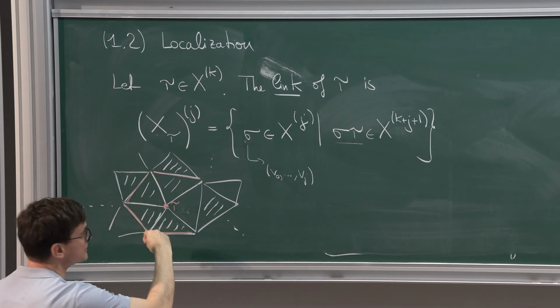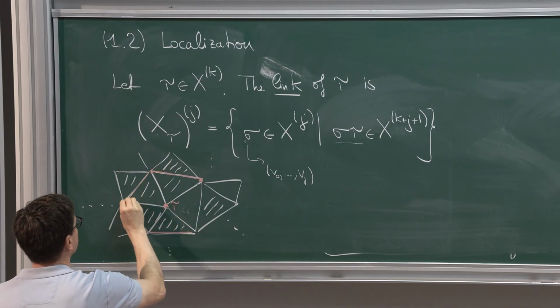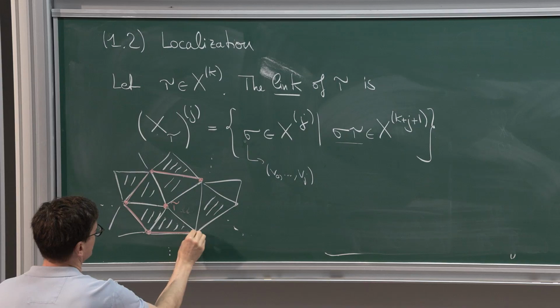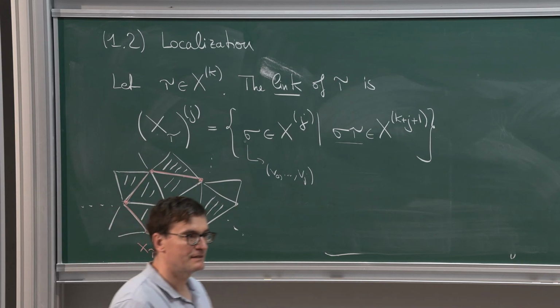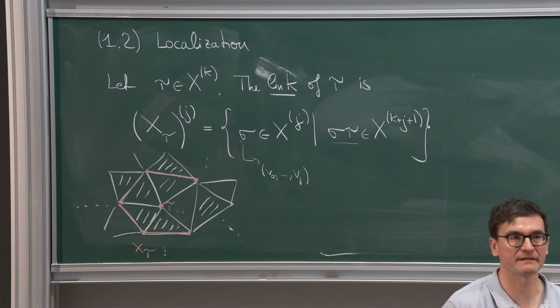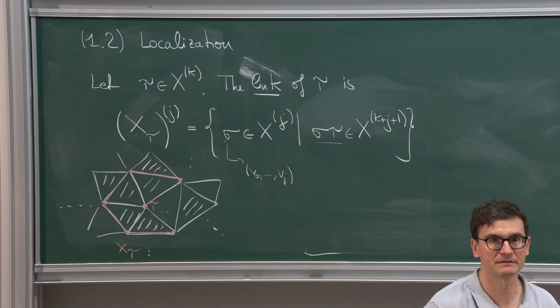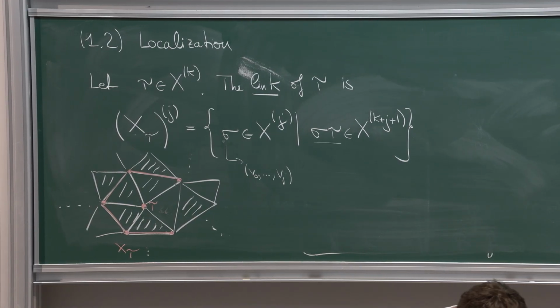Just the 2-simplices that are shaded are there. So it's like you're taking the unit sphere around that point in a simplicial sense. It's like the one-neighborhood. This is what you do when you look at links.